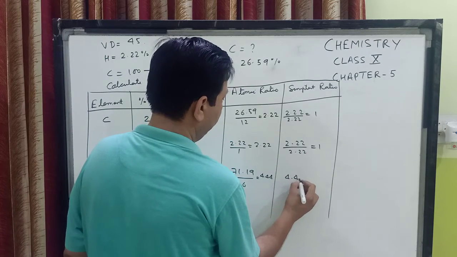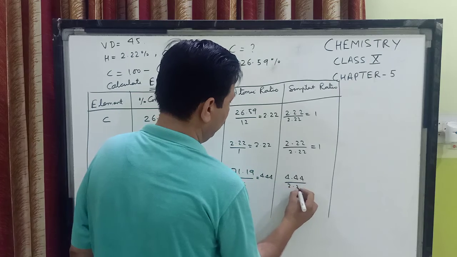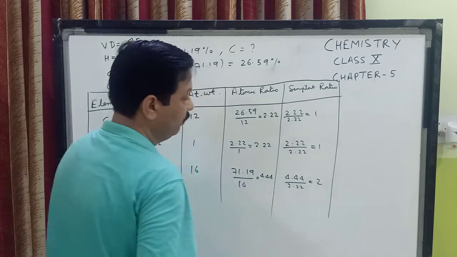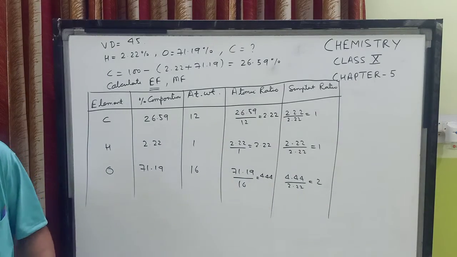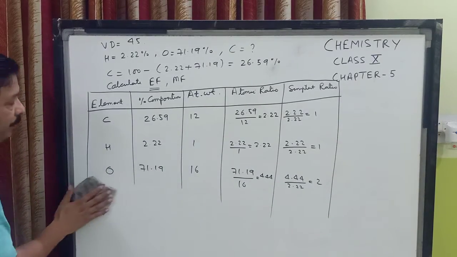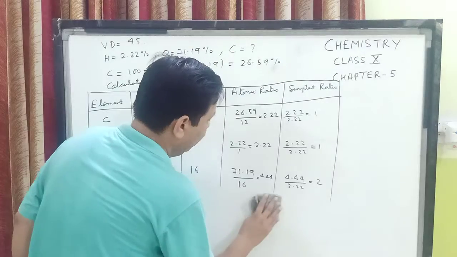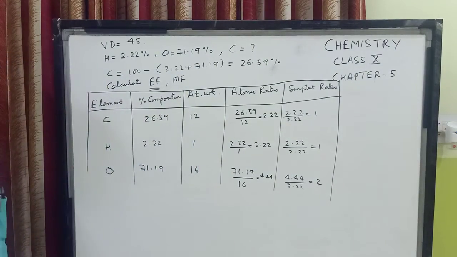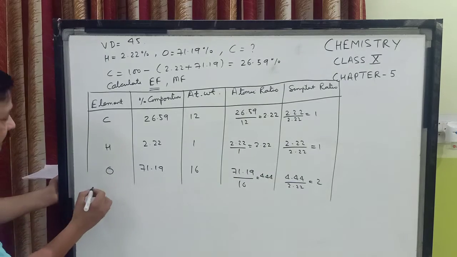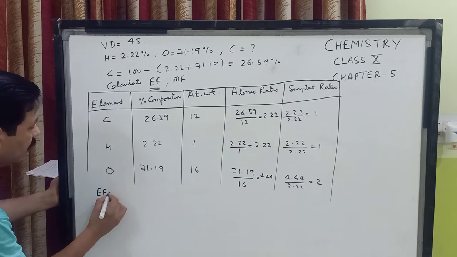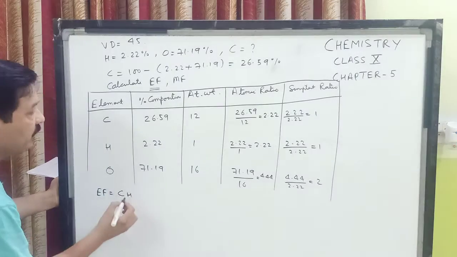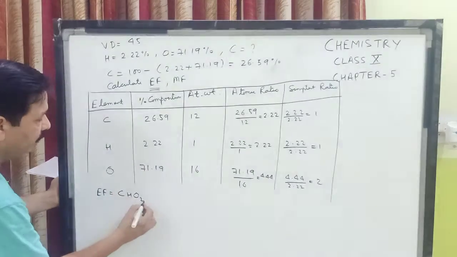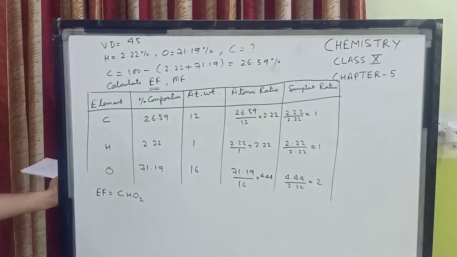And 4.44 divided by 2.22 comes out to be 2. So children, till here, now we can write the empirical formula. The empirical formula is: we have one atom of carbon, one atom of hydrogen, and two atoms of oxygen, CHO2. This is the empirical formula.